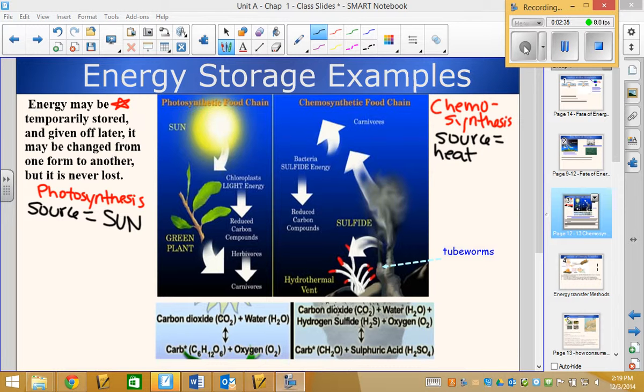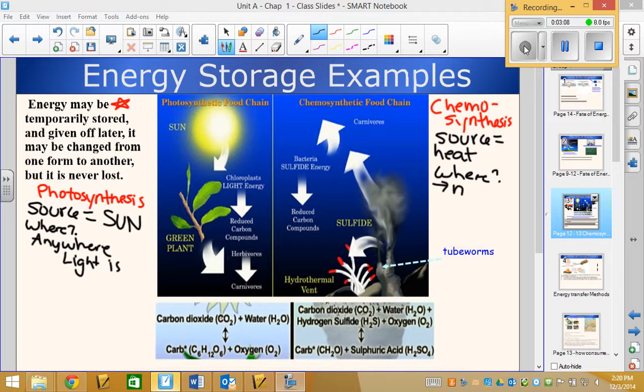Another thing I asked you to indicate was where it happens. And we can be pretty general here. Where it happens isn't so much a geographic place as a description of the conditions. Photosynthesis happens anywhere light is. If sunlight can get to a place, photosynthesis can happen there.